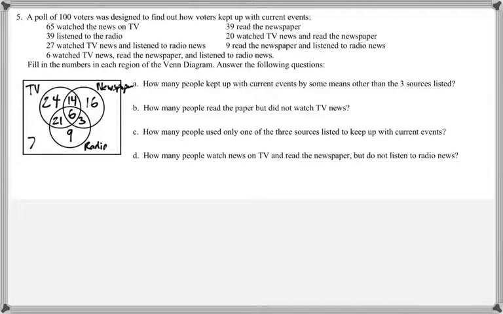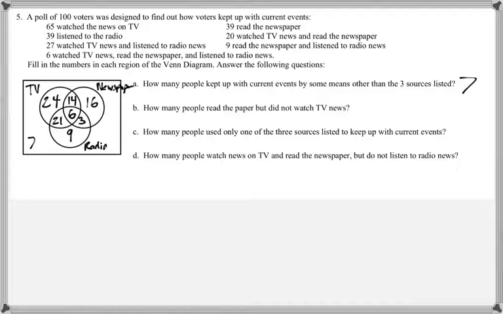Part A says, how many people kept up with current events by some means other than the 3 sources listed? So this would be the outside, or 7. Part B says, how many people read the paper but did not watch TV?